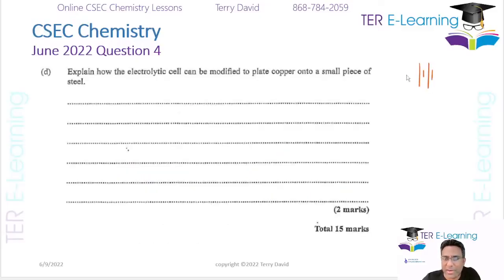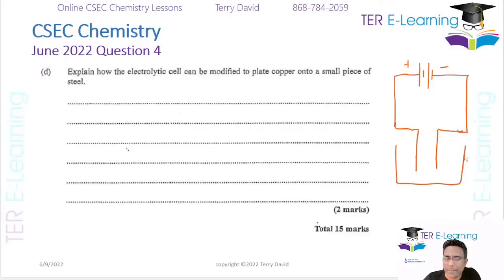So you have your anode here, your positive electrode, negative electrode. And if you want to plate something, what you would do, right? So this here is your cathode. So therefore, what you need to do, you need to make this here, because copper is being deposited here. So you need to make this here your steel.